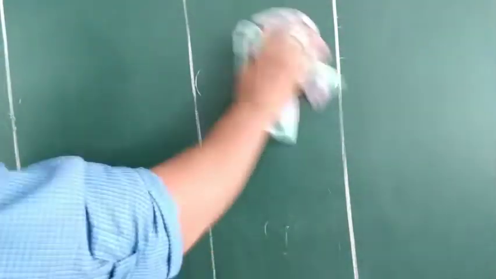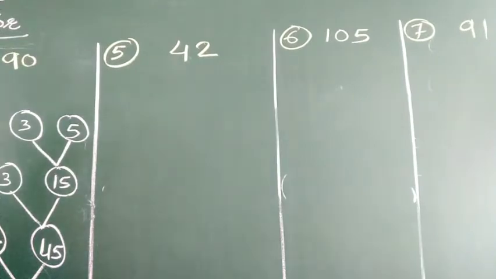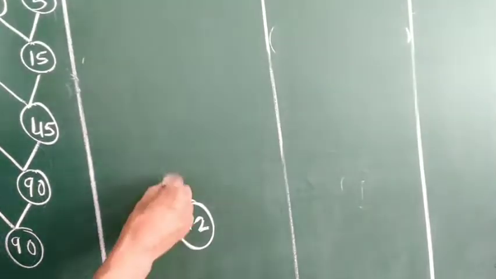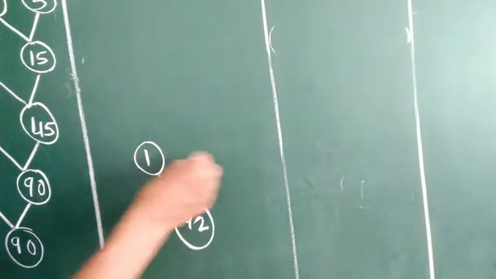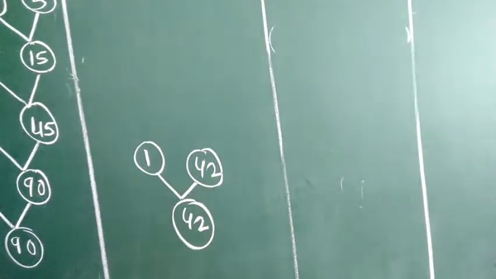Next number is 42. See, it is 42. What is this? 1 and 42.